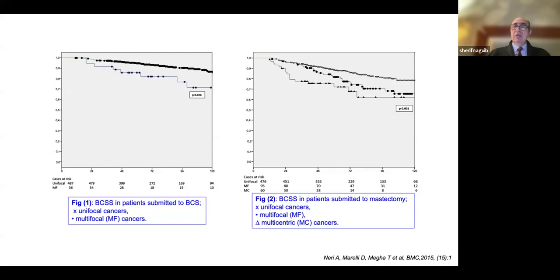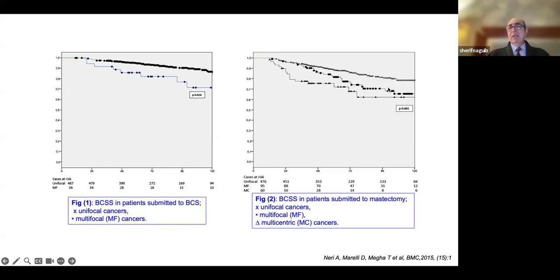On the right graph, you will see that the best breast cancer-specific survival was related to unifocal cancers, the highest curve. The curve in the middle is related to multifocal breast cancer, which is a lower survival. And the worst survival was found with multicentric breast cancer.